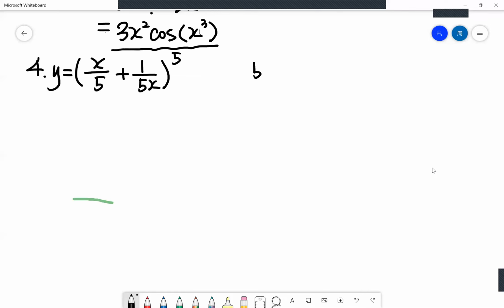And then number 5, that is y equals secant, inside, tangent x. So please solve these two questions.